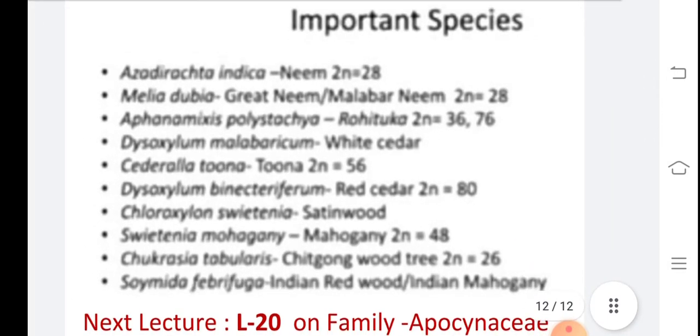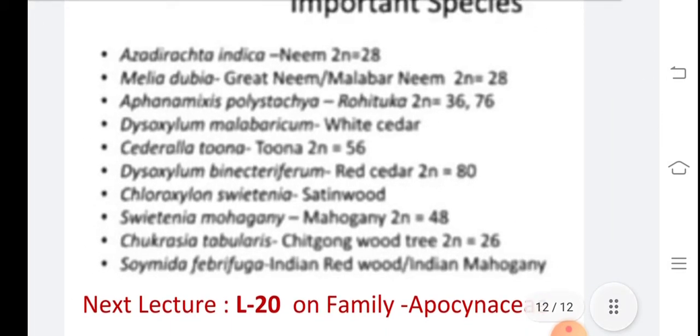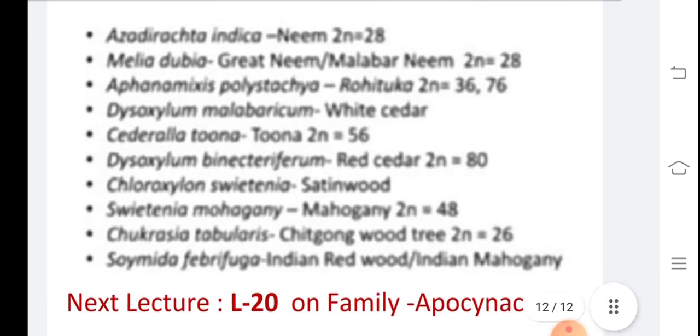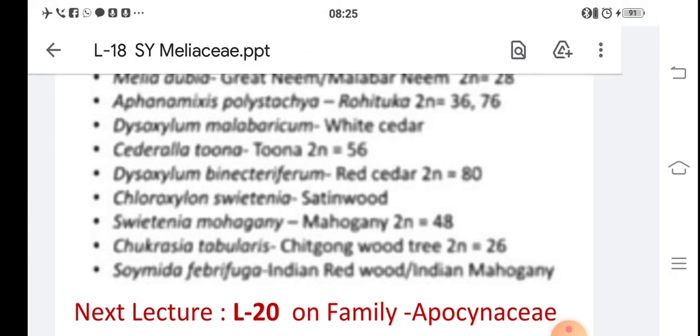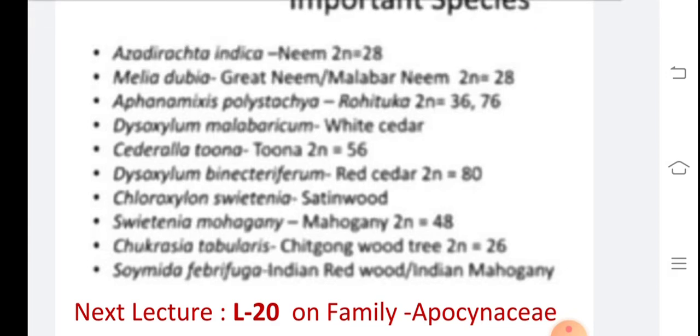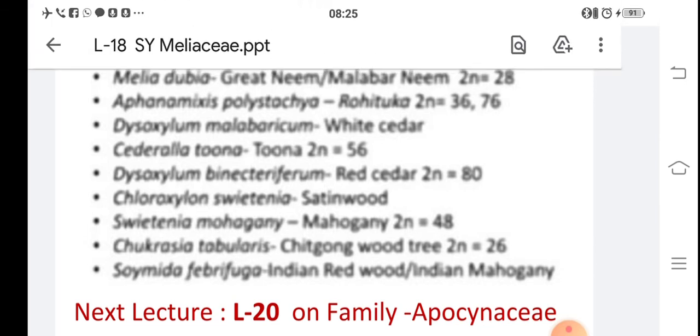Among all these examples, with chromosome numbers: Azadirachta indica, neem, diploid number 28. Melia dubia, great neem or Malabar neem, 2n equals 28. Aphanamixis polystachya, 36 and 76.